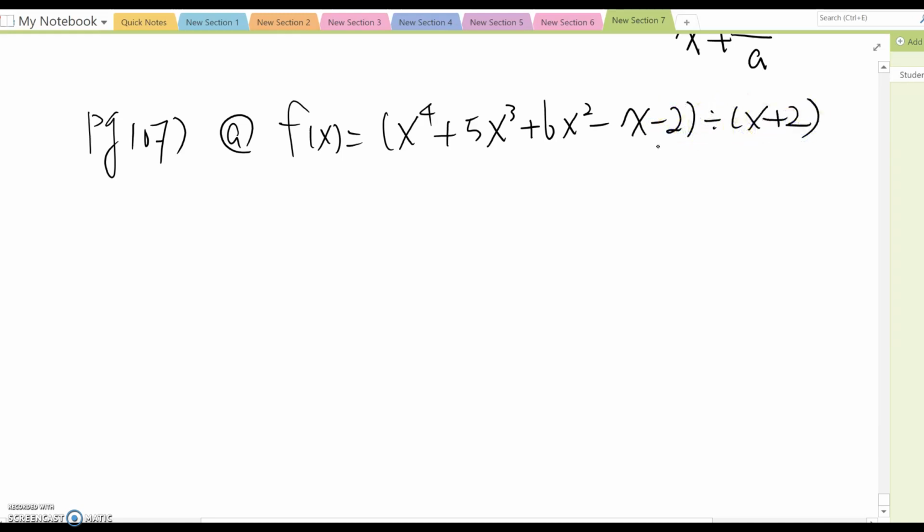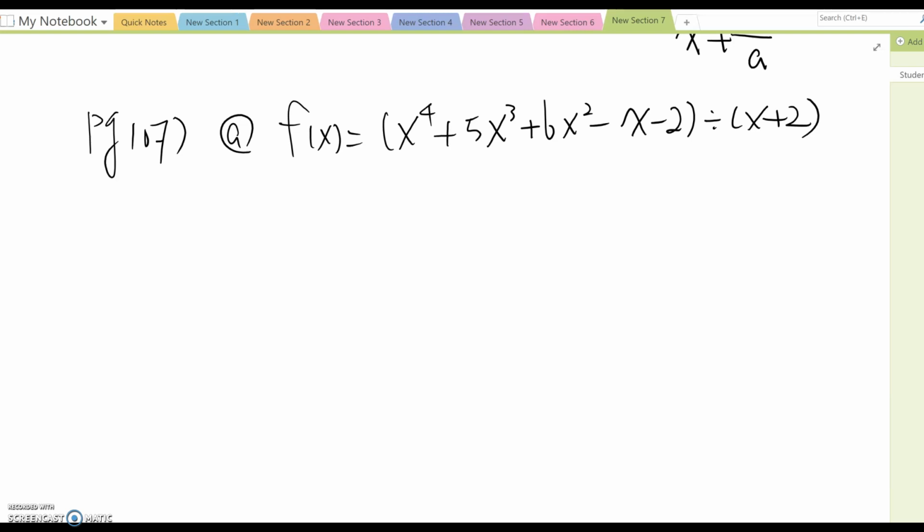So now we are solving this by synthetic division. Step 1, you take out their coefficients, in descending order, and if there's a non-existing term, you must put 0 instead.